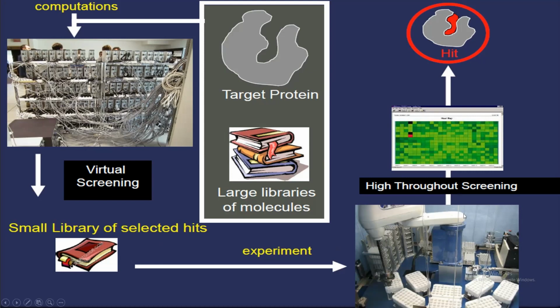And for the in vitro experiments, usually you have a small number of drug-like molecules, so tens up to 100, or 1,000 if you have a very strong robotics facility, hundreds and thousands of molecules when you can efficiently screen them in a short period of time.